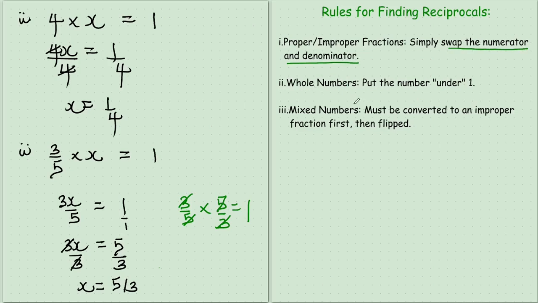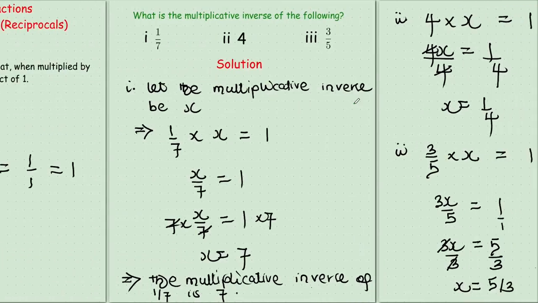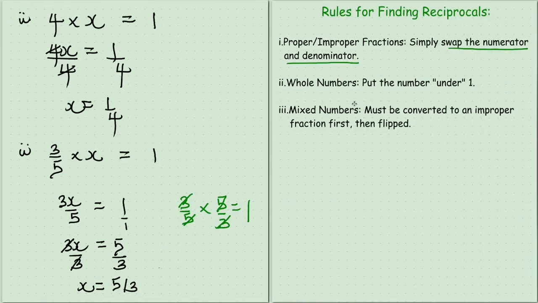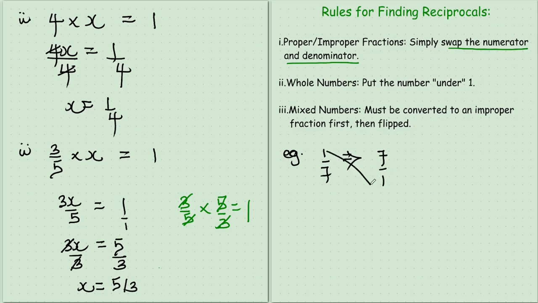Following that rule, if you look at the first one we did here, which was 1 over 7, its reciprocal or its multiplicative inverse is just going to be 7 over 1. You see, we have swapped the numerator for the denominator, and the denominator also becomes our numerator.